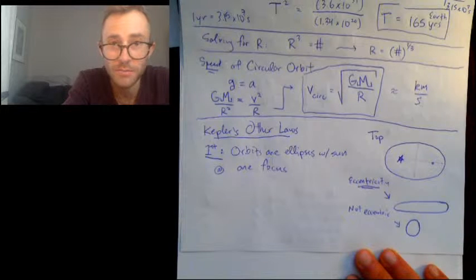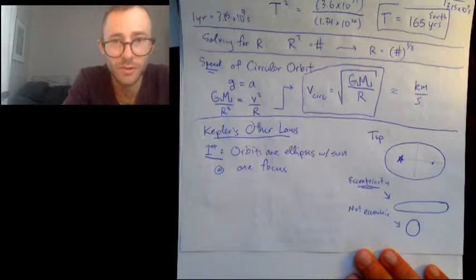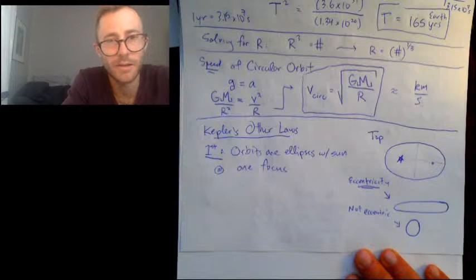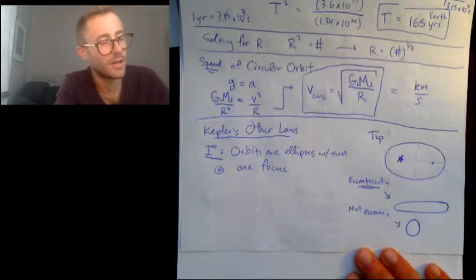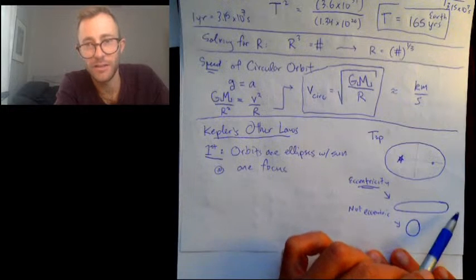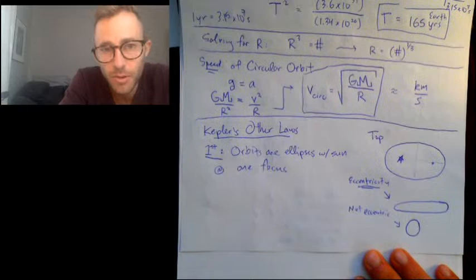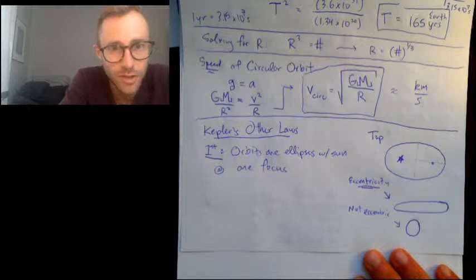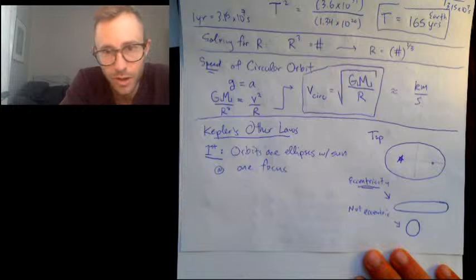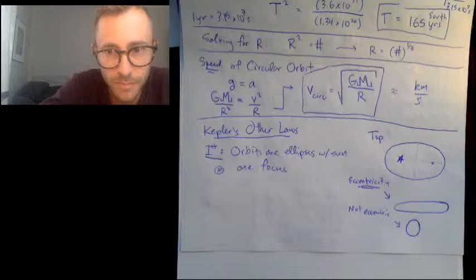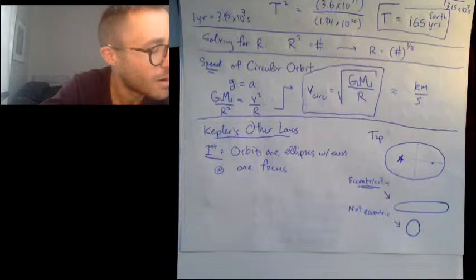So they are ovals, but they're ovals that are very close to being circles. And it's good enough for our purposes. Now, if you want to analyze an elliptical orbit, the math gets significantly more complex, and it doesn't really enhance the understanding all that much. So that's why we don't talk about the general case of elliptical orbits.